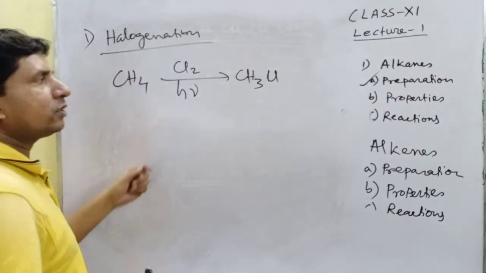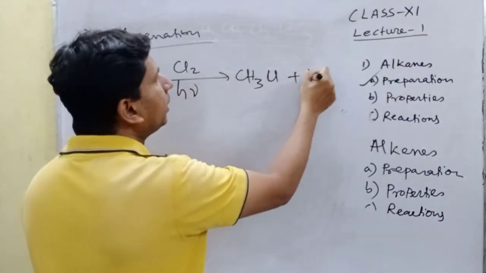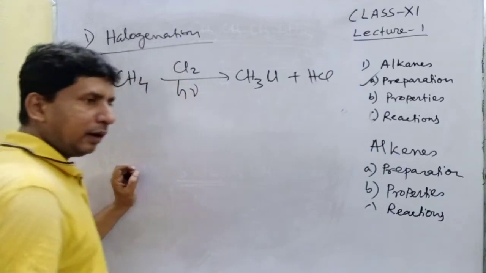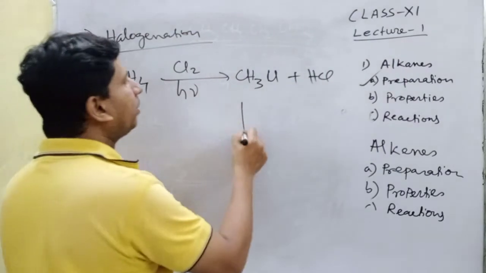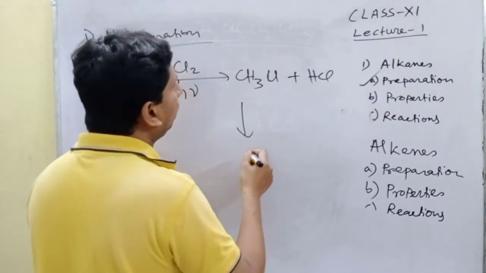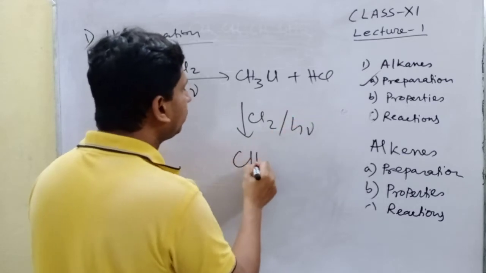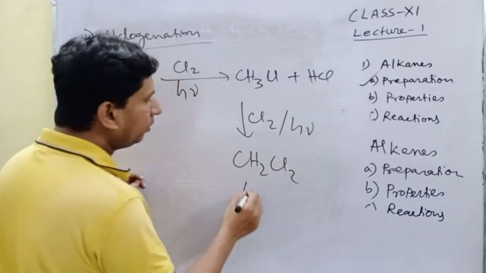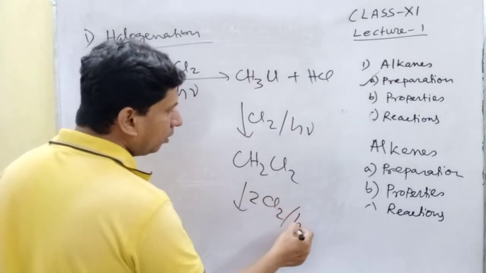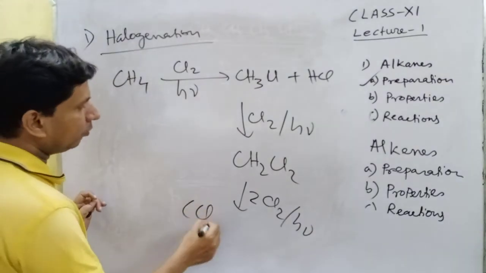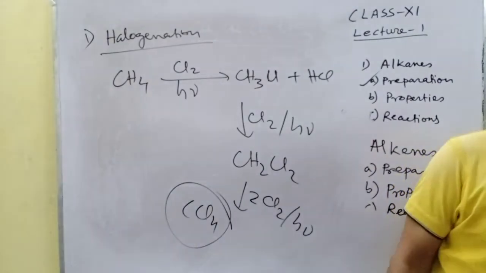That means one hydrogen is replaced by chlorine and HCl is formed. If we don't balance, there is no problem, but it is a chain reaction. Then again Cl2 with h nu gives CH2Cl2. In this way, if you give more Cl2, CCl4 will be formed. This is the same reaction.